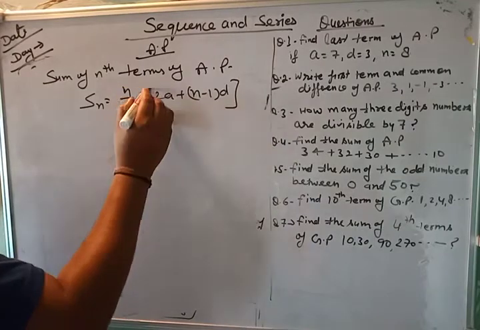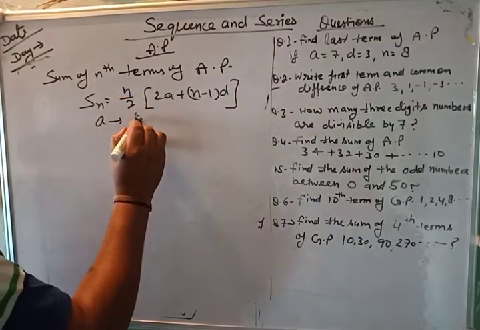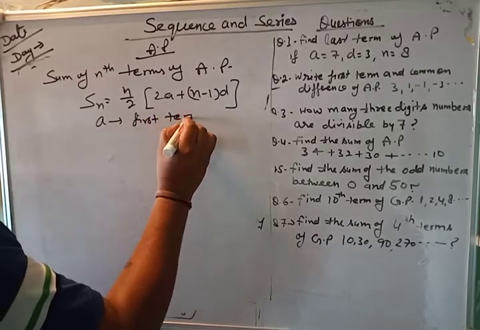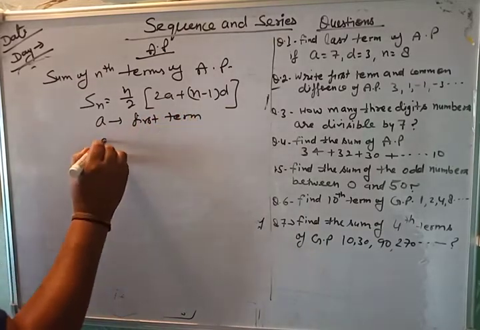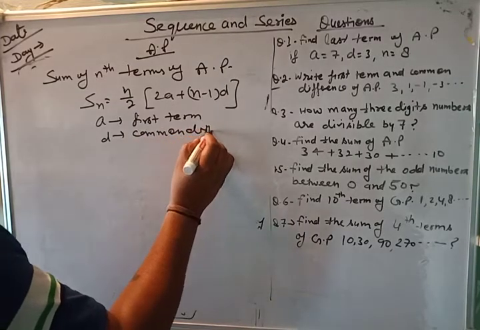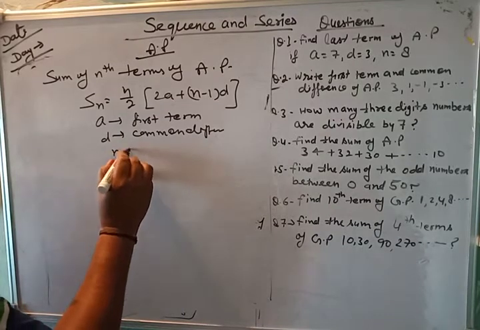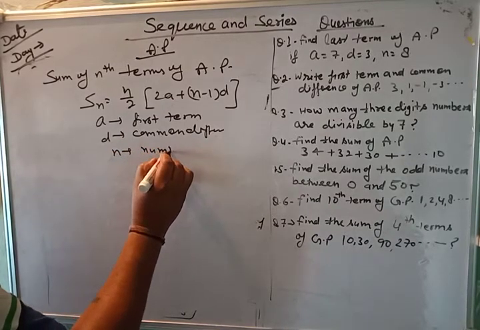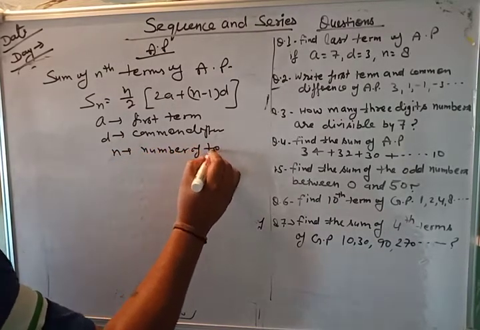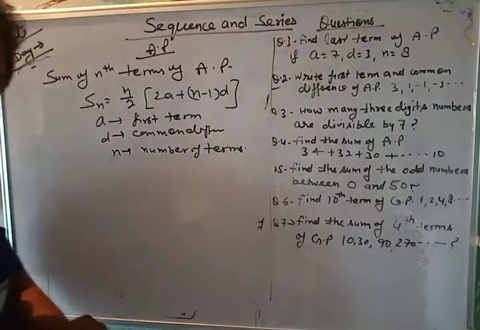Here a is the first term, d the common difference, and n the number of terms.